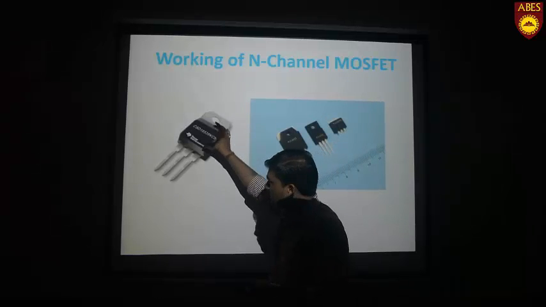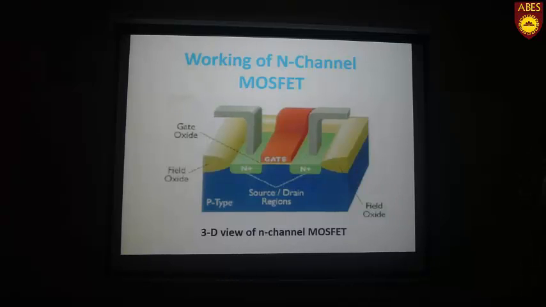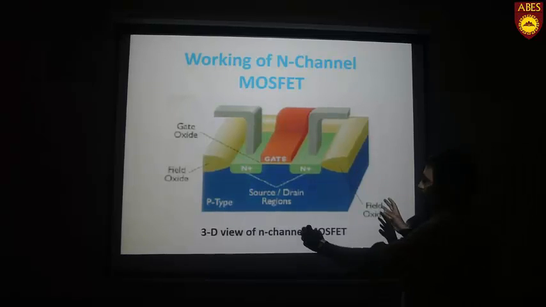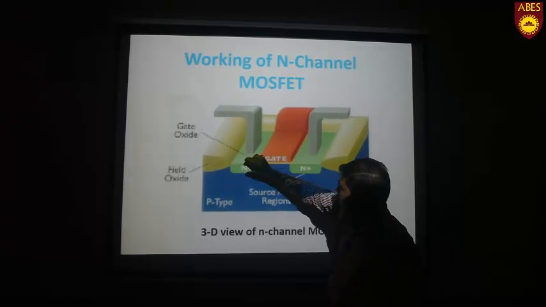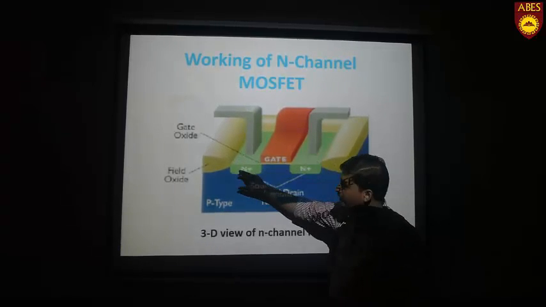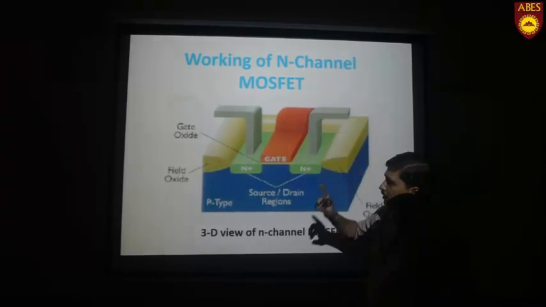If we see inside this MOSFET, the internal structure, then in 3D view we can suppose that there is a substrate. Onto that there are two diffused regions of N type. That's why the name of this MOSFET is N-channel MOSFET.